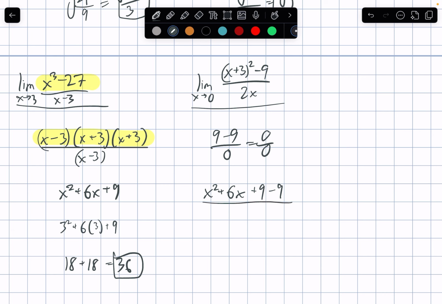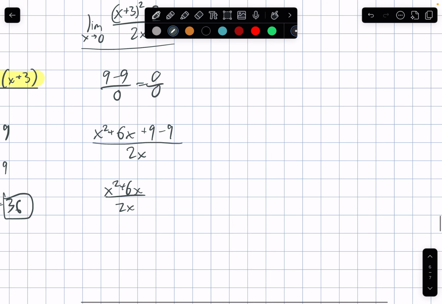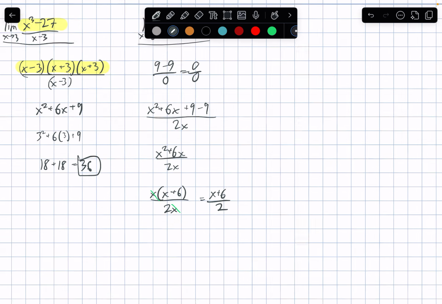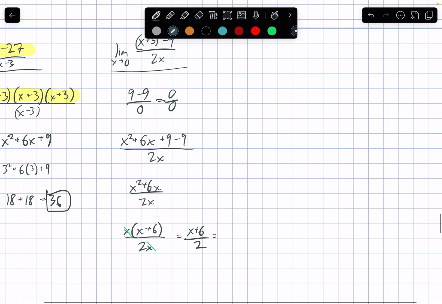Okay, I know what to do. So further simplify, you'll get something like this. You want to cancel, so factor. So when you cancel the x, you'll have (x plus 6) over 2. Then you start substituting directly. So 0 plus 6 is still 6. 6 divided by 2 is 3. That is your answer.